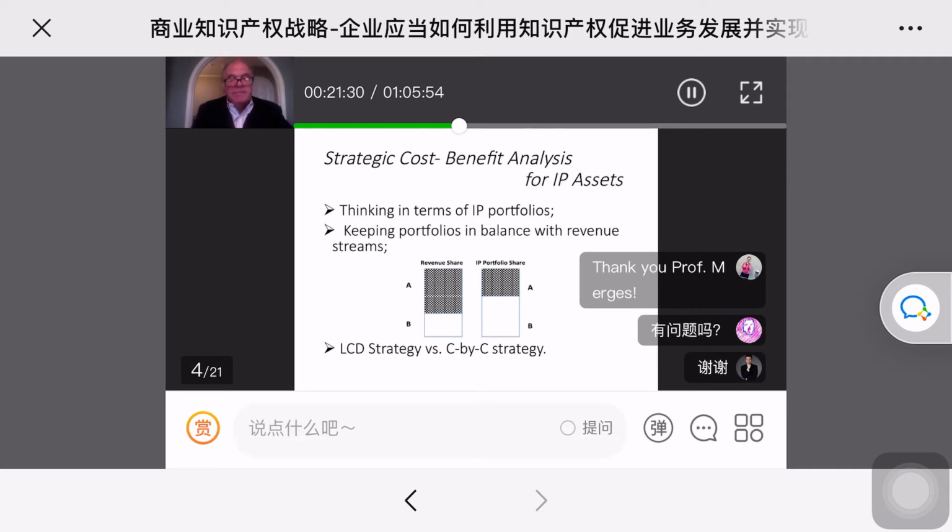The last point on this page is a little summary of one of the strategic examples we give in the book. And this is in the chapter on global trademark or brand strategy. It's just an example of the type of analysis that we try to do.